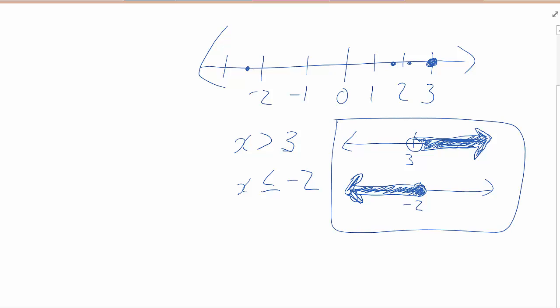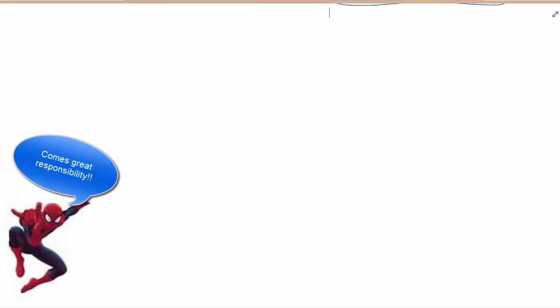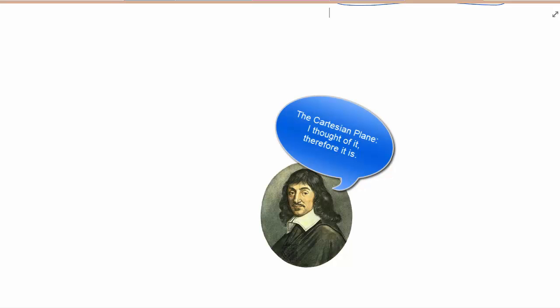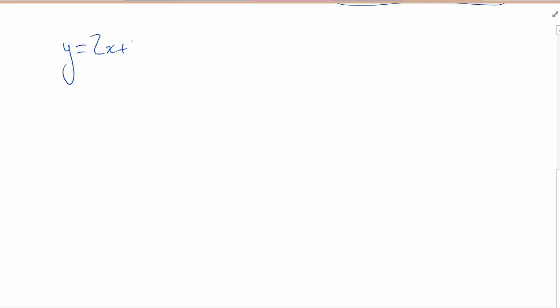Moving on, we arrived last year in Math 10 where we were graphing equations in two variables. And of course with two variables comes a graph in two dimensions, the xy plane or the Cartesian plane. And we had things like graph y is equal to 2x plus 3, which is fairly easy to graph. We're talking about all of the points xy that satisfy this equation.